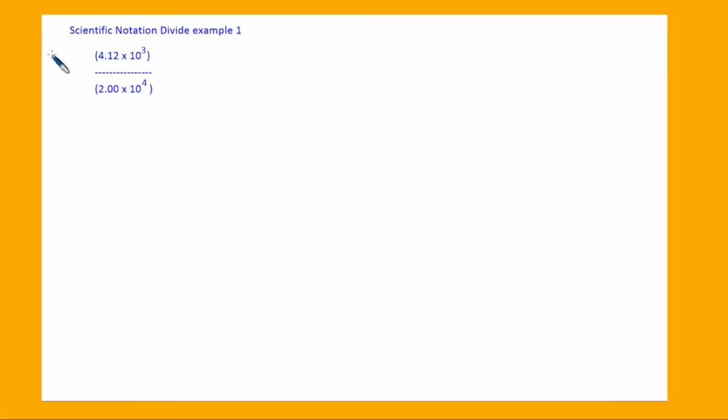In another example, we're using scientific notation to divide two numbers. So you can see that I have 4.12 times 10 to the third power, and that is divided by 2.00 times 10 to the fourth power.